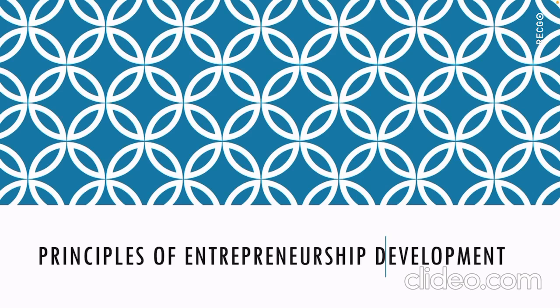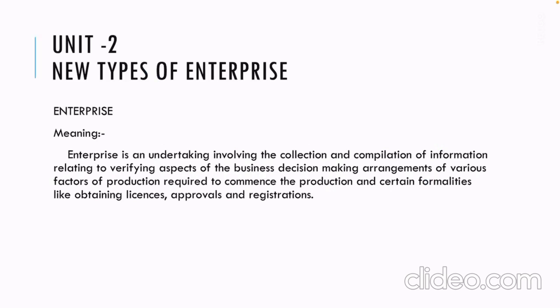An enterprise is nothing but a project to start and to run, and to bring all the four factors of production together to achieve the end goal or the common goal, that is to earn the profit.